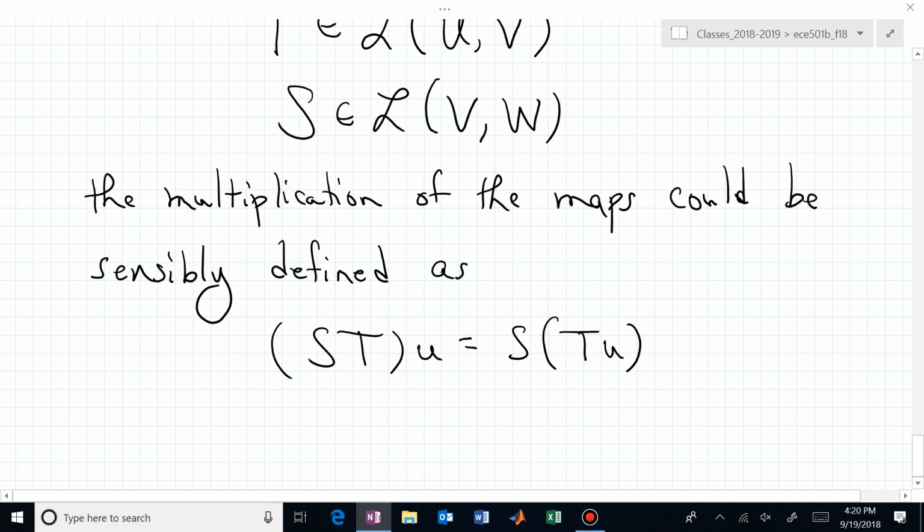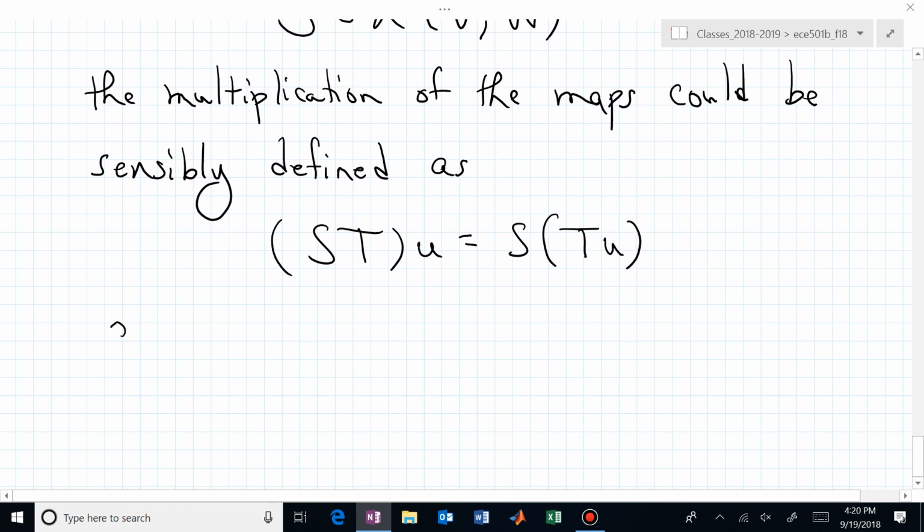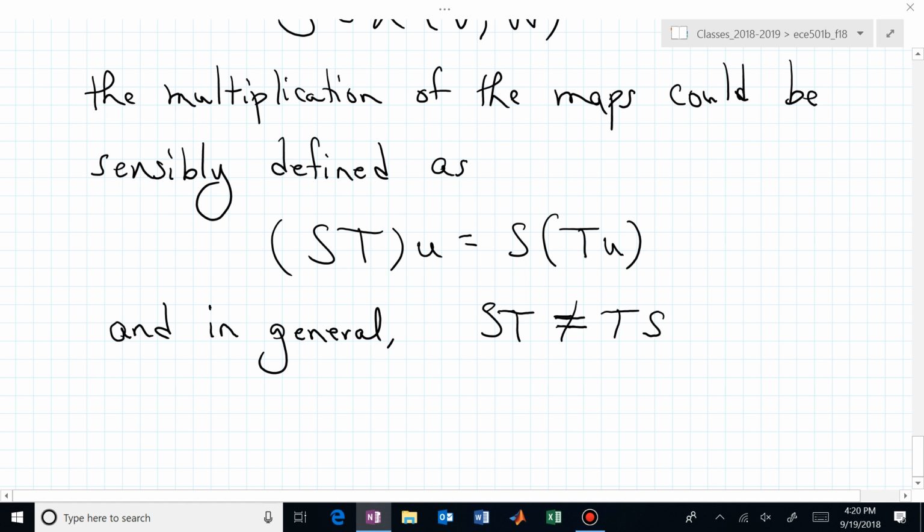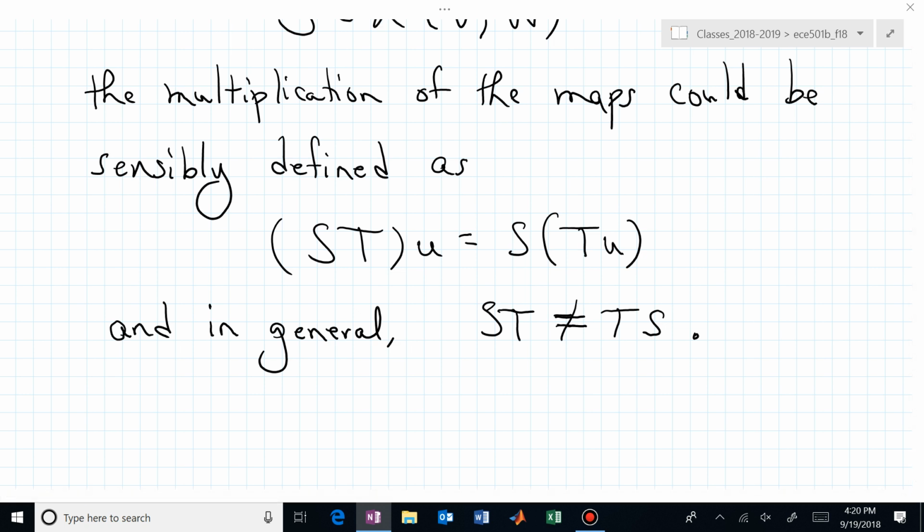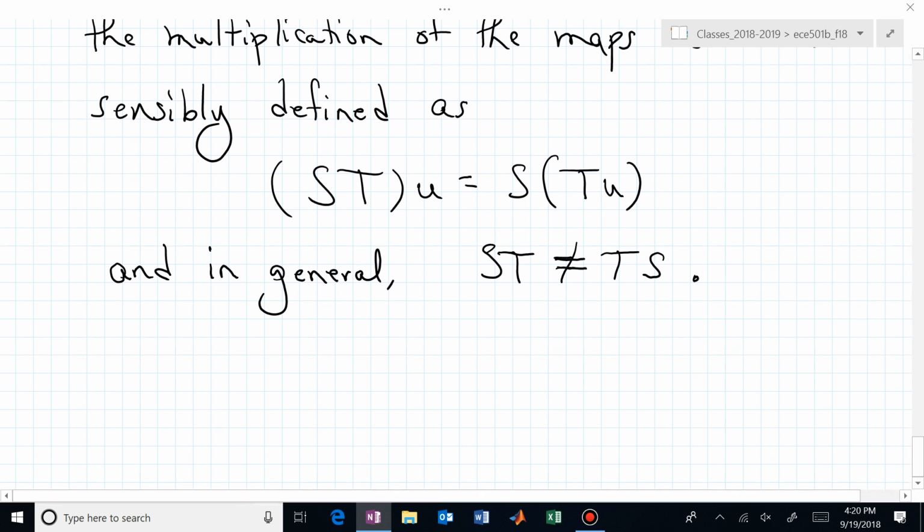Now, in general, we have something similar to what you would expect or know to be true for matrices. These maps do not commute. The map ST is not necessarily the same as the map TS.